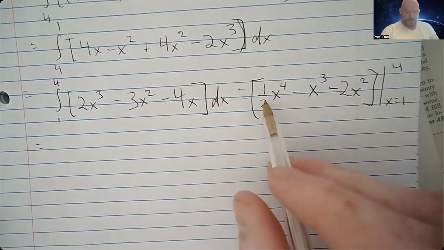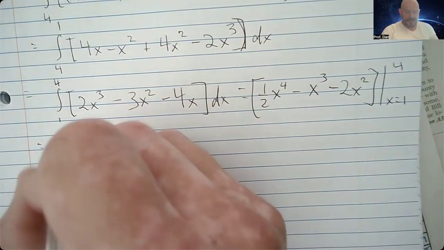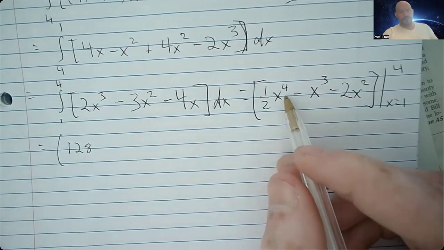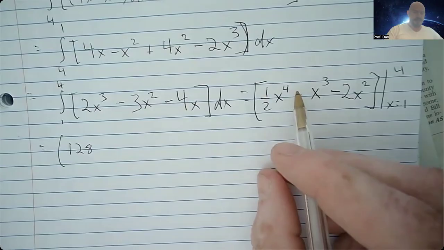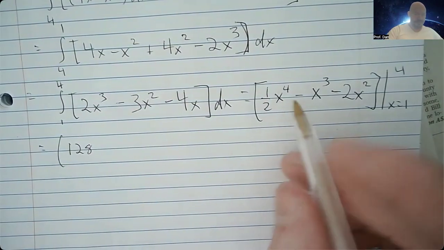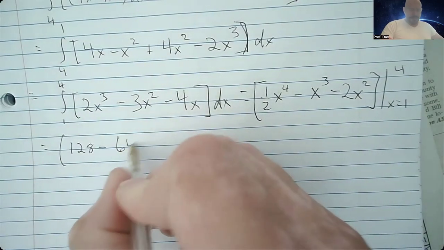So if I plug 4 in, I end up getting 128, right? Because that's 4 to the 4, which is the same thing as 2 to the 8, divided by 2 to the 1 is 2 to the 7. 2 to the 7 is 128. 4 to the third is 64.